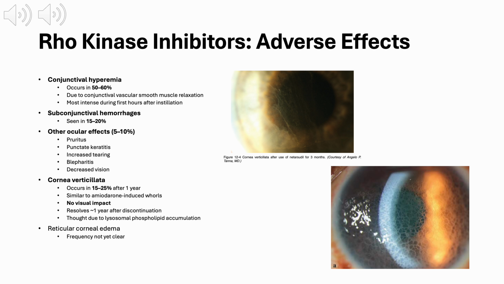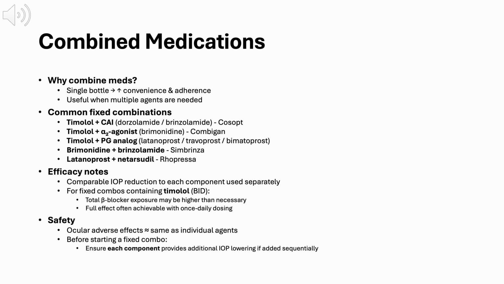Lastly, reticular corneal edema has been described, though its true incidence is still uncertain. Overall, while these side effects are usually mild and reversible, their frequency makes patient counseling, especially regarding redness, essential before starting therapy. Let's wrap up with combined glaucoma medications, which simplify multi-drug regimens and improve adherence.